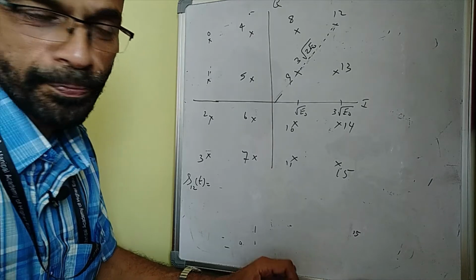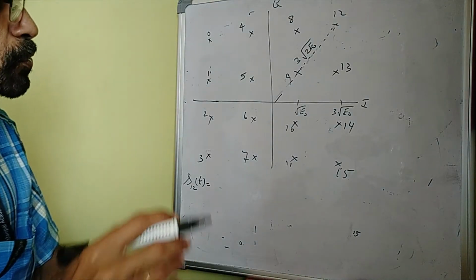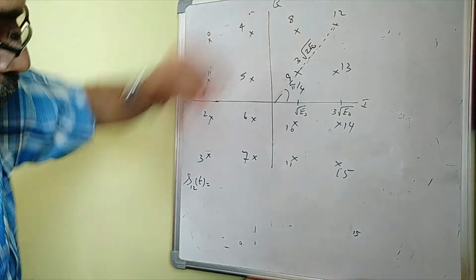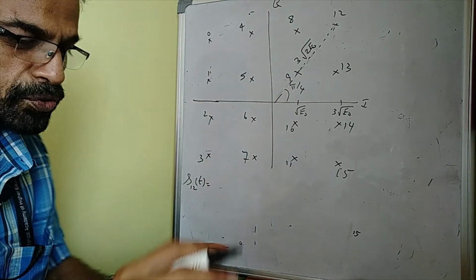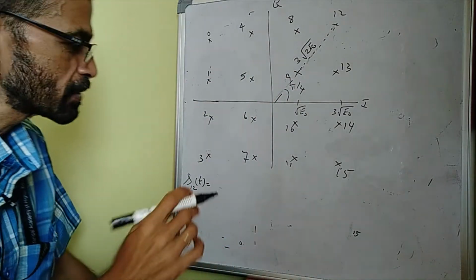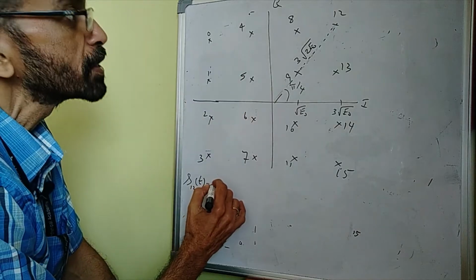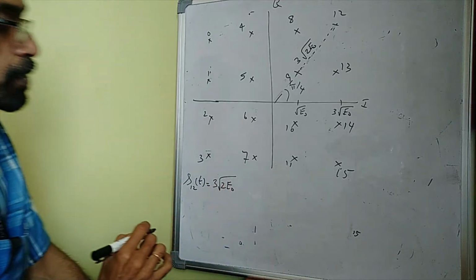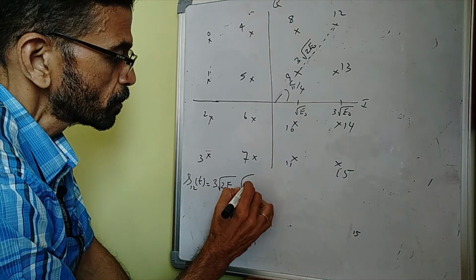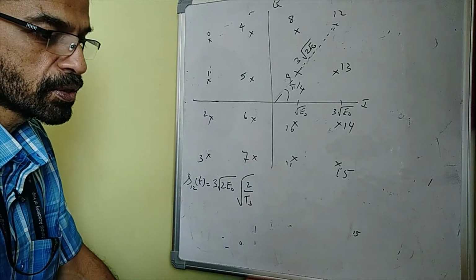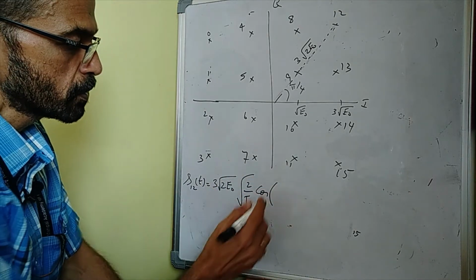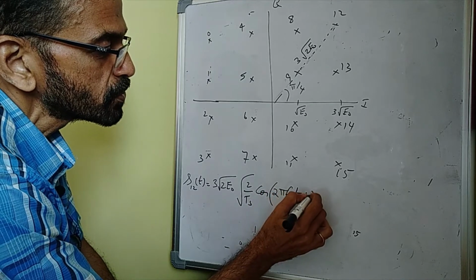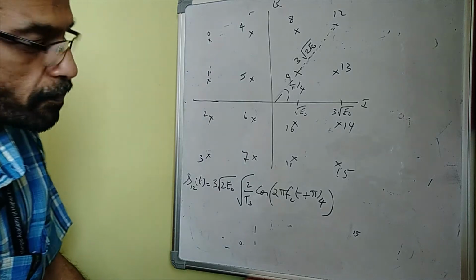Root 18 is 3 root 2. Right. And this angle is pi by 4. So S12T can be written straight away from this. It's just to show that the signal's amplitude as well as phase is getting modulated. S12T will now have an amplitude 3 root 2 E naught, root 2 by Ts, cos 2 pi FCT plus pi by 4.